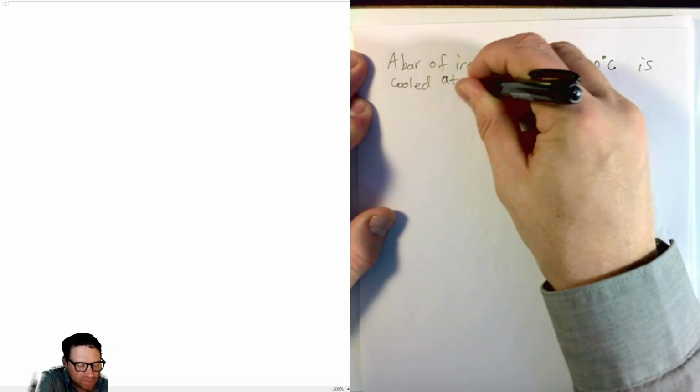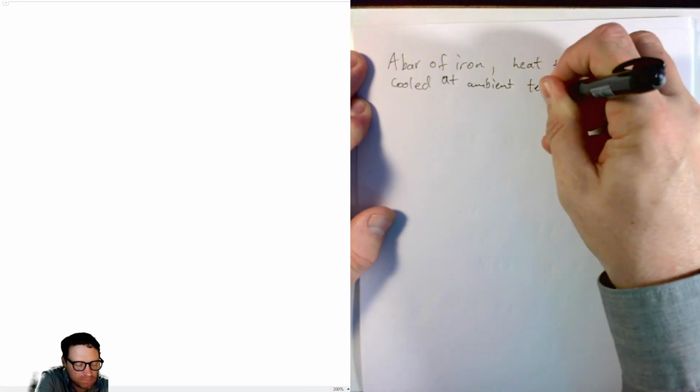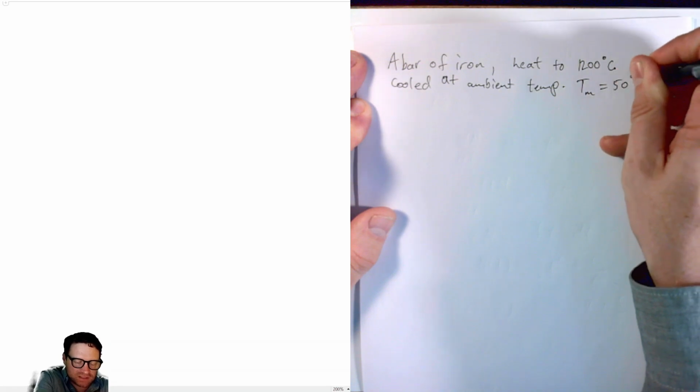So let's write at ambient temperature. T subscript m is 50 degrees C.